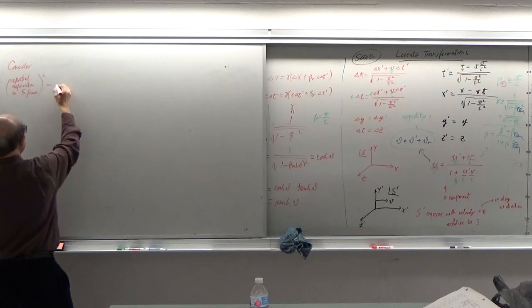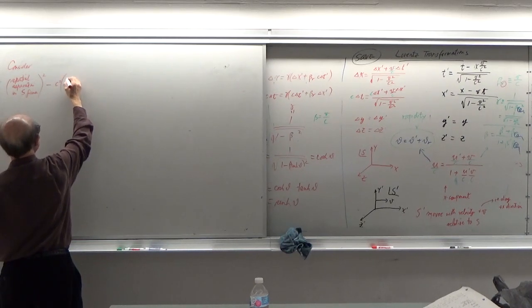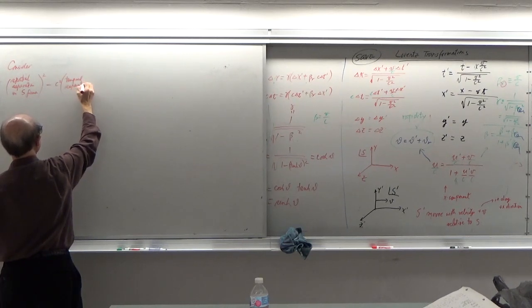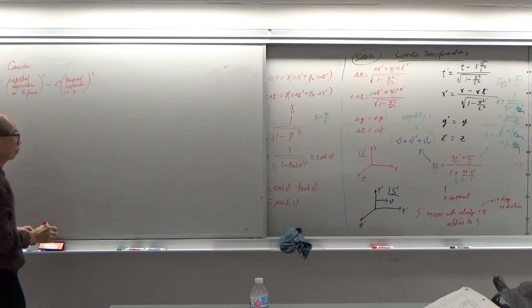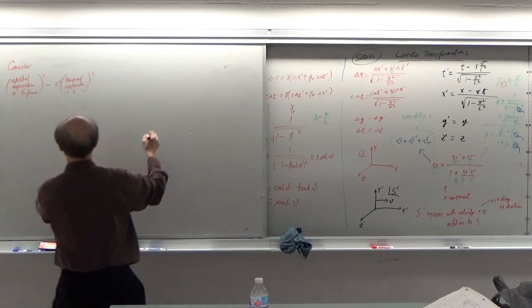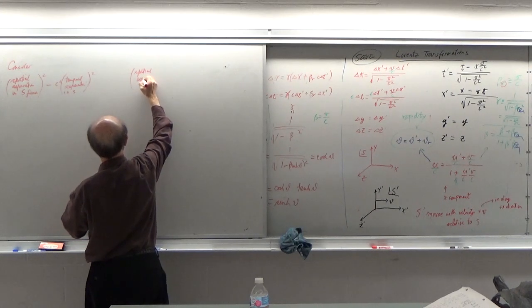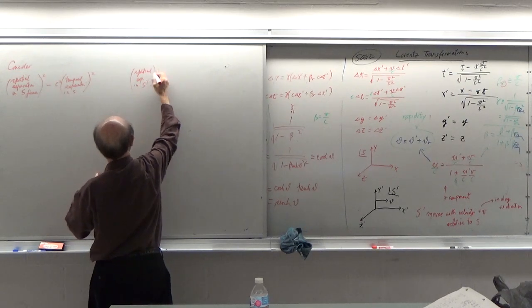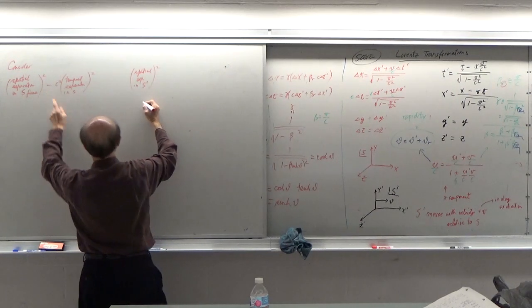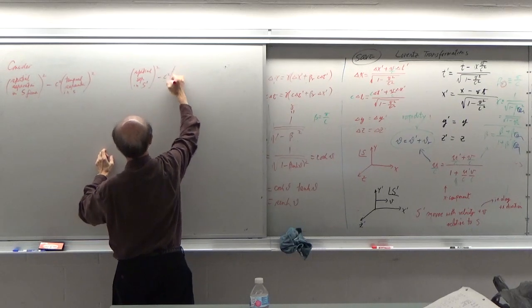Minus c squared times the temporal separation in S. I'm going to compare it with the spatial separation in S prime, with a crucial sign, minus c squared, temporal.